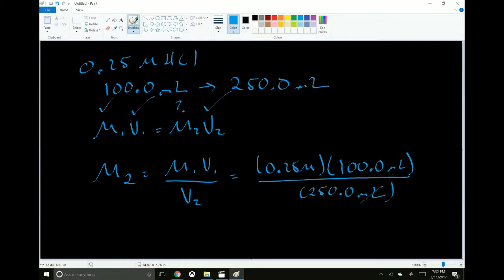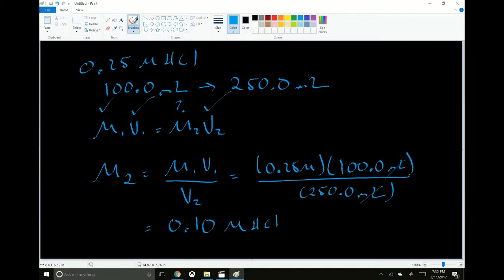The units are the same, so they cancel out. That means our final concentration is going to be 0.10 molar HCl. So that is one thing you can look at for a dilution.